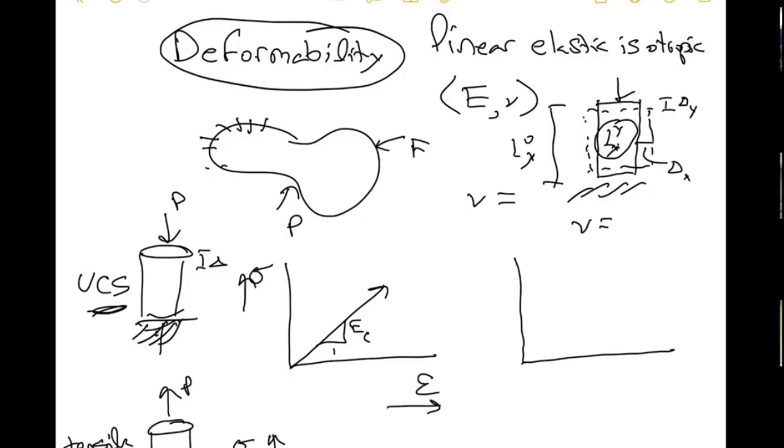If we plot strain in the Y versus strain in the X, so this is going to be extension positive, but this will be compression positive. And so in that case, this will also be a straight line because it's behaving linear elastically. And then this will be the Poisson ratio.